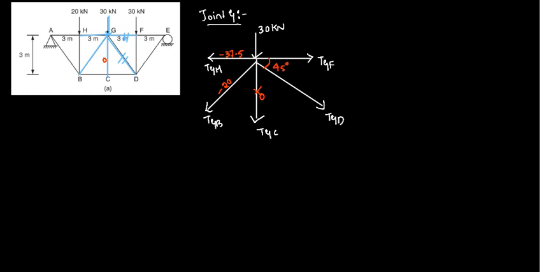Firstly I am going to consider the equilibrium condition, summation of vertical force is equal to 0. So I am writing the different vertical forces. 30 kilonewton is moving downward, that is why I am writing minus 30.